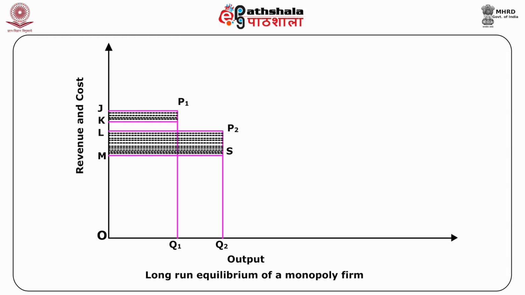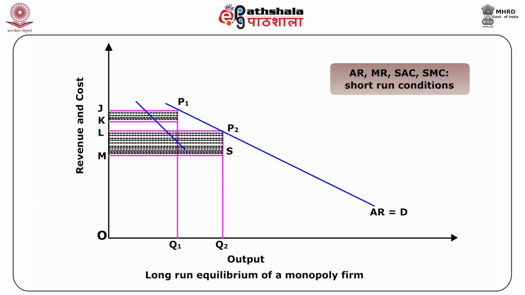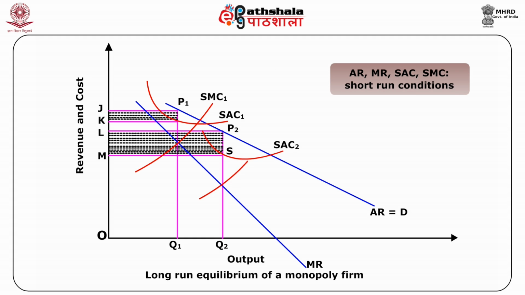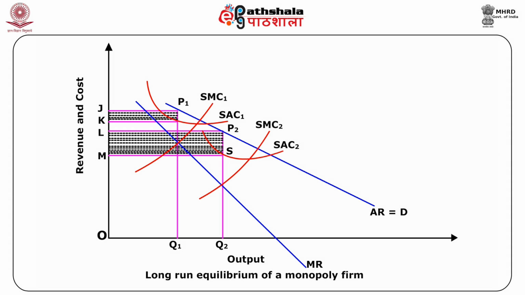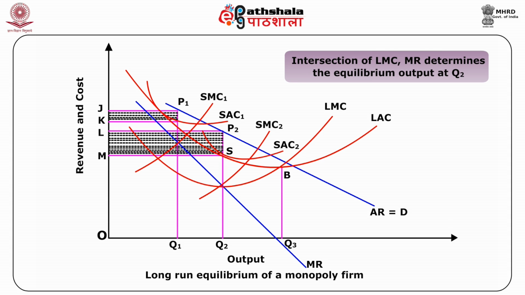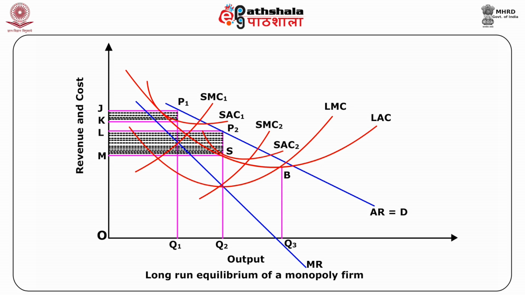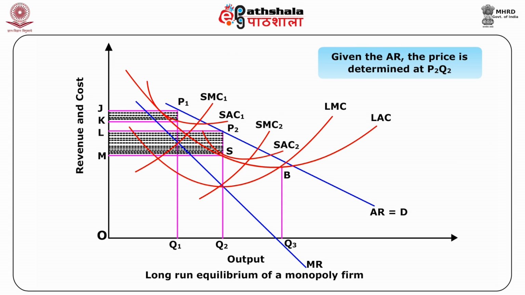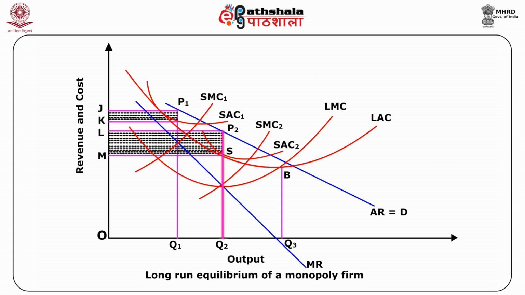As represented in the diagram, AR, MR, SAC and SMC show the short-run conditions of a monopoly firm, and LAC and LMC show the long-run conditions. The intersection point of LMC and MR curves determines the equilibrium output at Q2, and given the AR curve, the price is determined at P2Q2.